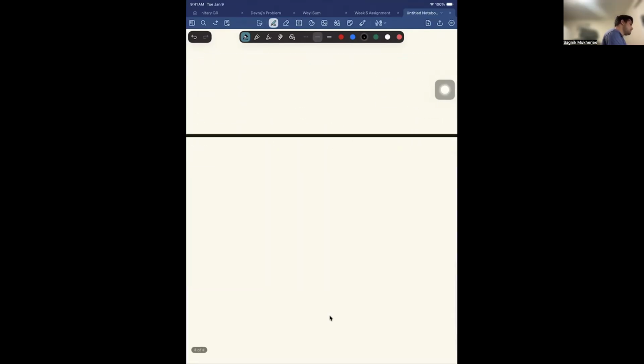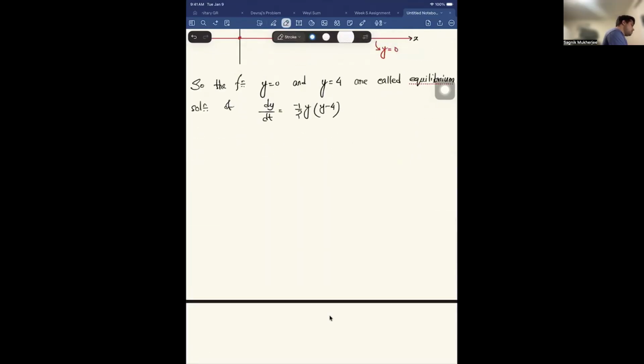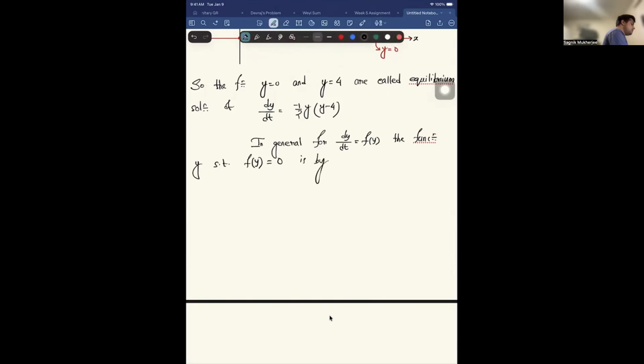Okay. In general, for a differential equation dy/dt equals f(y), a constant function y such that f(y) equals 0 is by definition an equilibrium solution.